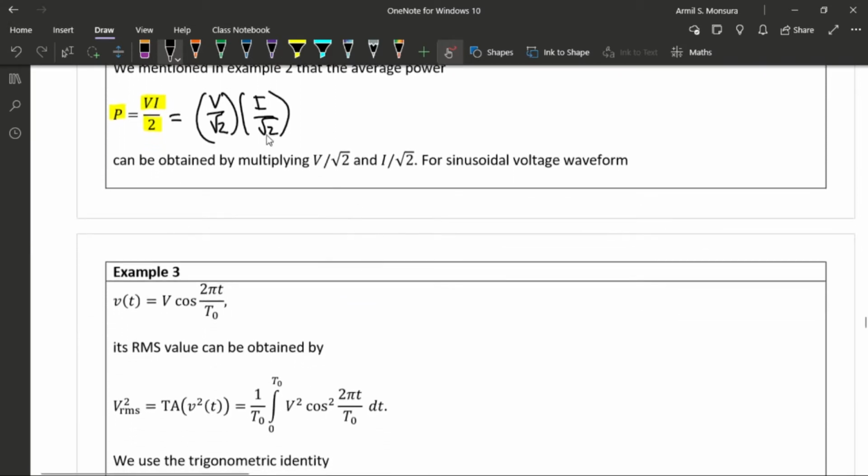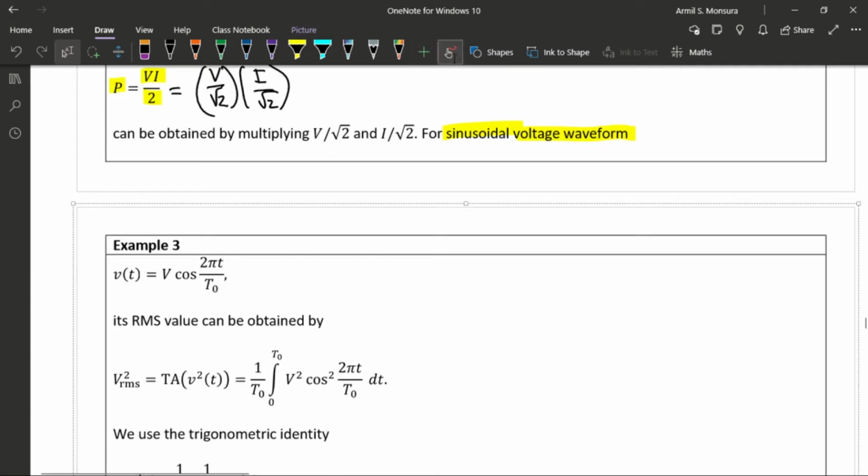Now if we are given a sinusoidal voltage waveform, which is V times cosine of 2 pi t, plus, we obtain the RMS value of your voltage waveform, in which again the process of finding the root mean square is to square the waveform.